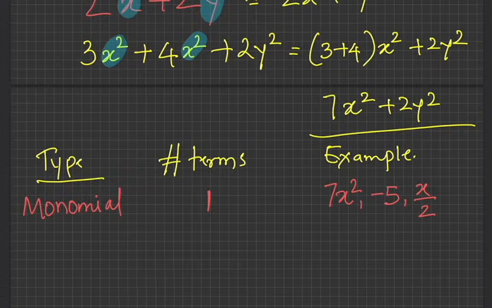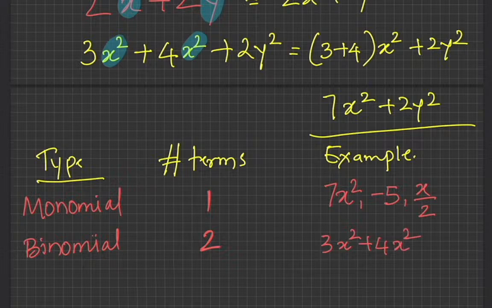So then let's go to binomials. A binomial expression will have two terms, again separated by the arithmetic operators. Let's take an example: we have here 3x squared plus 4x squared, correct?